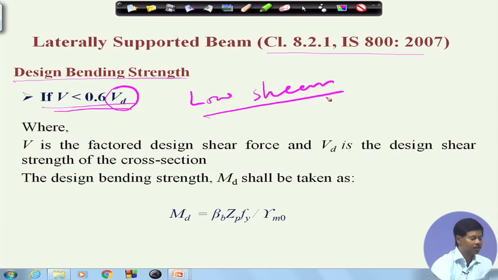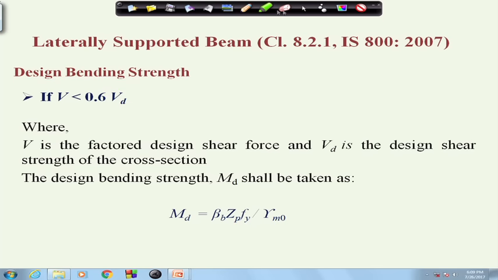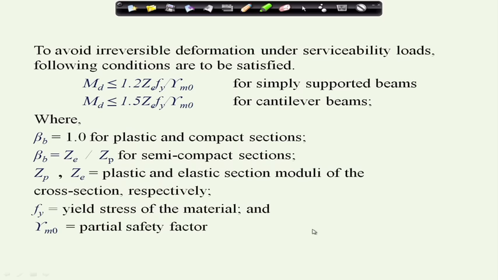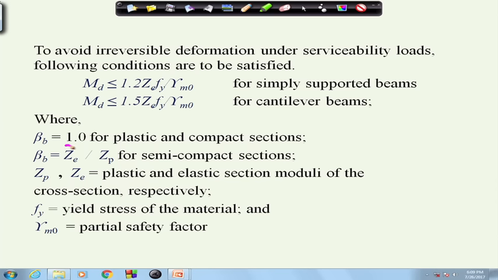So, in case of low shear, we can find the design bending strength simply from this formula, that is Md is equal to beta B into Zp into Fy by gamma m0, where Md is the design bending strength and beta B we can consider as 1 for plastic and compact section.